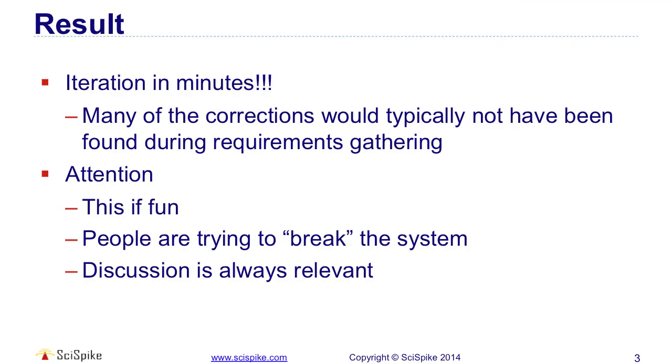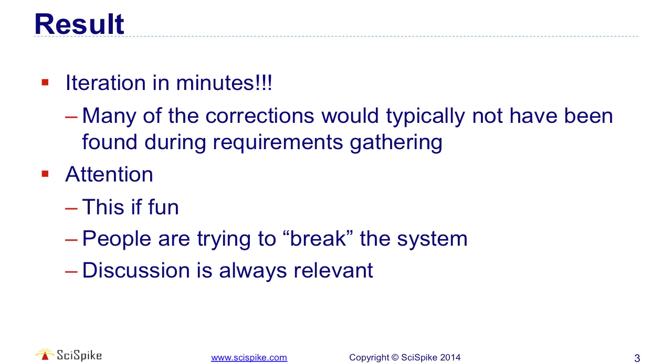So the end result of these sessions and this tooling is that we get iterations that are measured in minutes. This allows us to have many course corrections, and some of those course corrections could have taken weeks or months to find in a more traditional requirements gathering.